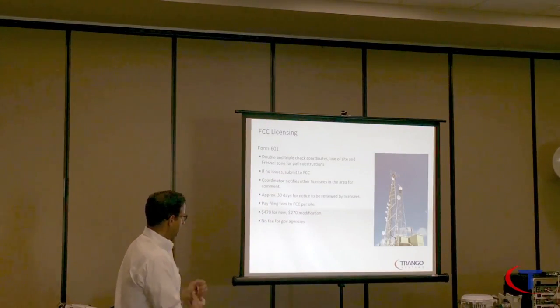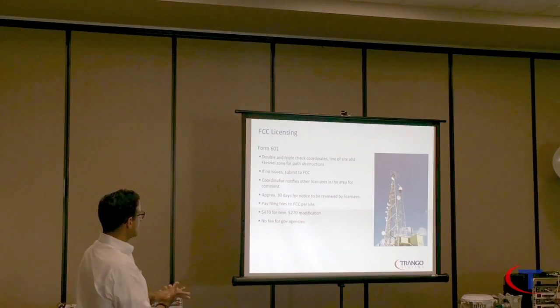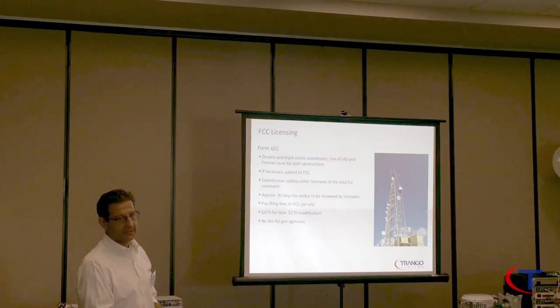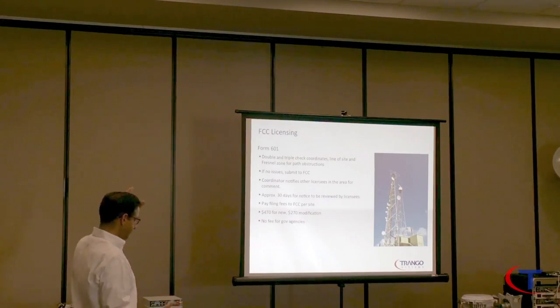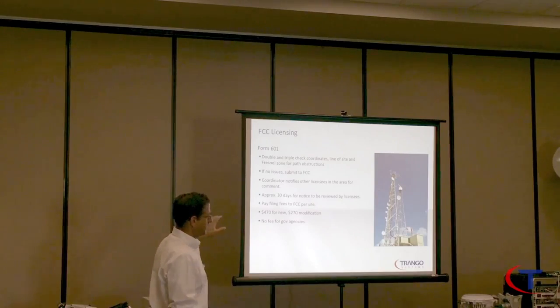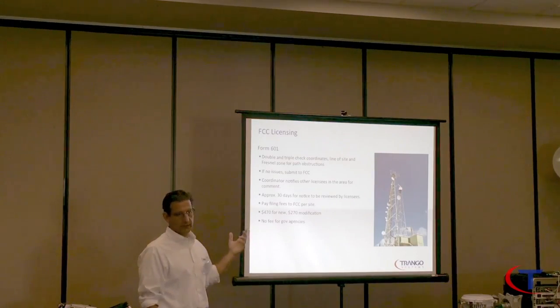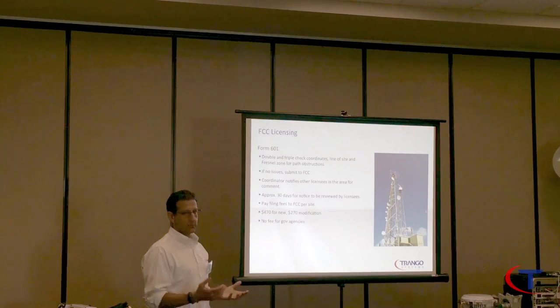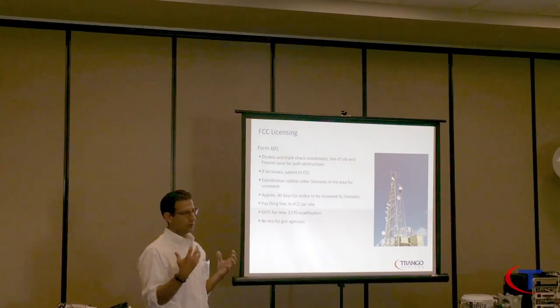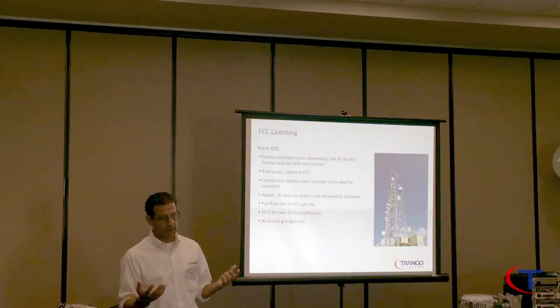I mentioned conditional authority. That comes with the payment to the FCC for your license application, which is known as the 601 form. This is basically the winding down of the coordination process. The coordinator will take our path analysis information. They'll create what's known as a client approval notice.